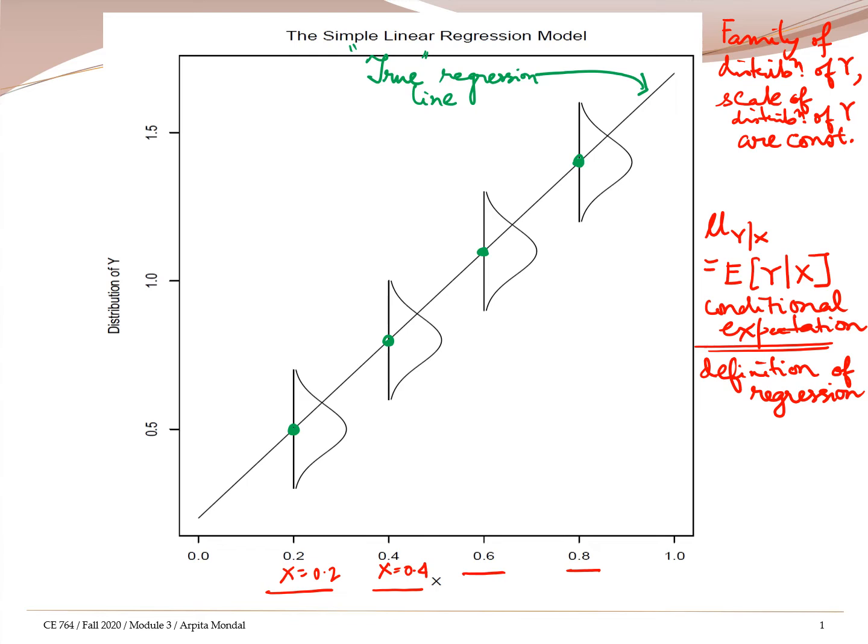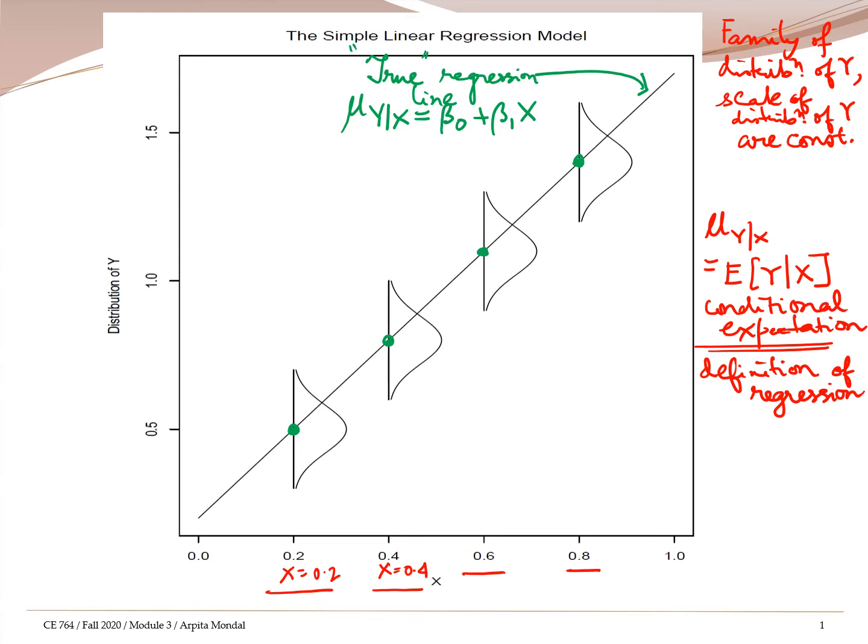This straight line here is called the true regression line, and we know that it is given by mu of y given x is equal to beta naught plus beta 1 times x. So it has an intercept term, which is beta naught, and a slope term, which is beta 1, right?